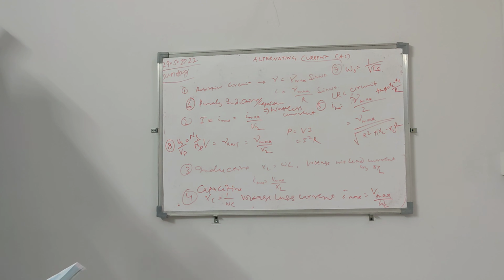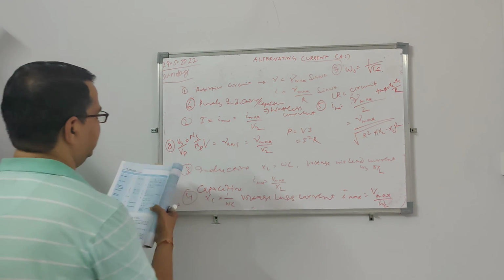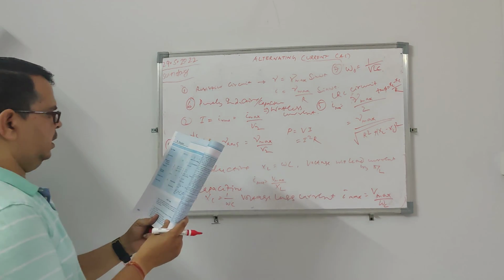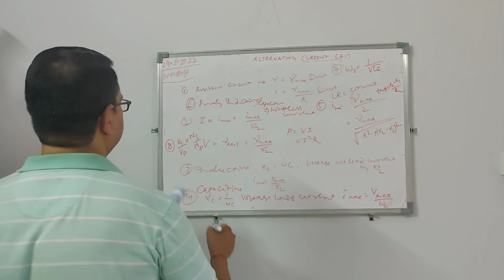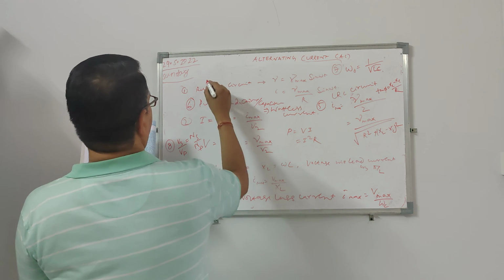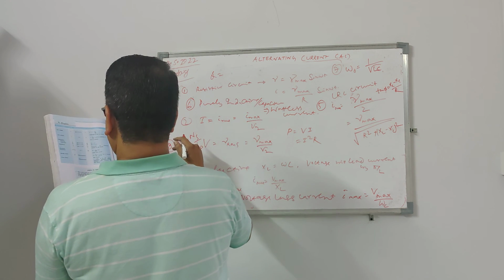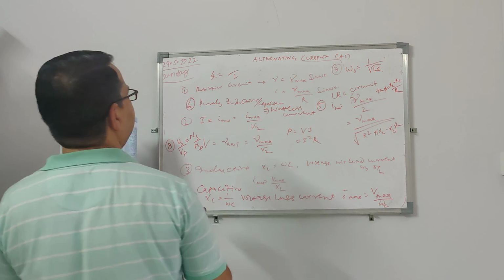There is something called quality factor also. We might not have covered that, but it will be there somewhere. The quality factor Q is given with R always in the denominator.